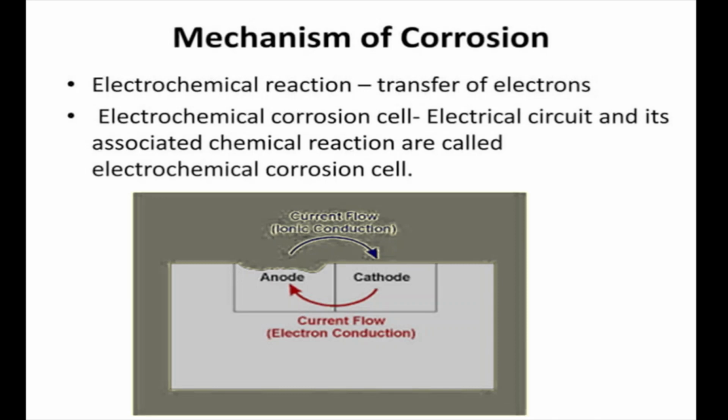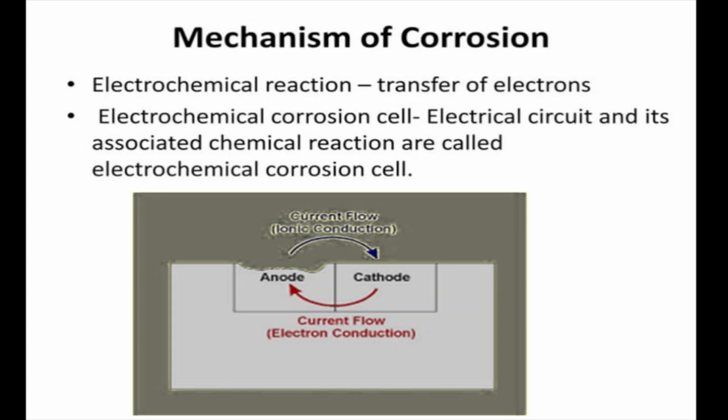First is electrochemical reaction, and second is electrochemical corrosion cells. In the case of electrochemical reaction, electrons are transferred, and in the case of electrochemical corrosion cell formation, the electrical circuit and its associated chemical reaction are formed.